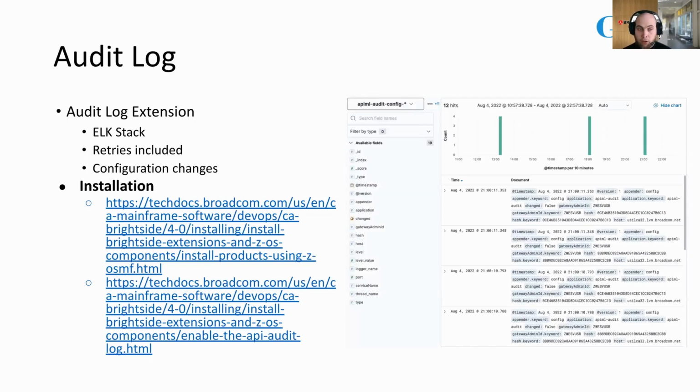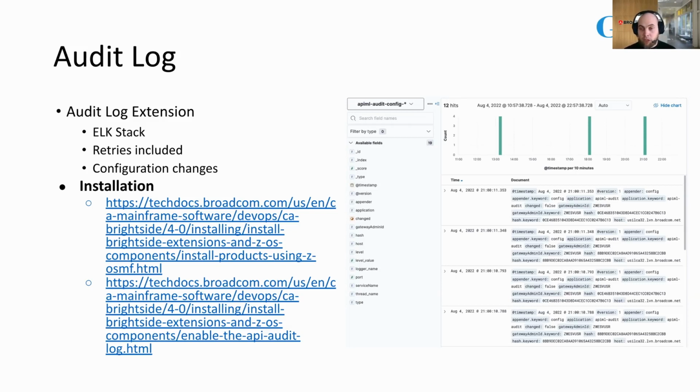As for the audit log, it's an extension to the API mediation layer. It's possible to install it via the zwe command line utility that's part of Zowe itself. Sadly, as of now it's available only from Broadcom, but we are discussing moving this, at least in some form, to open source.